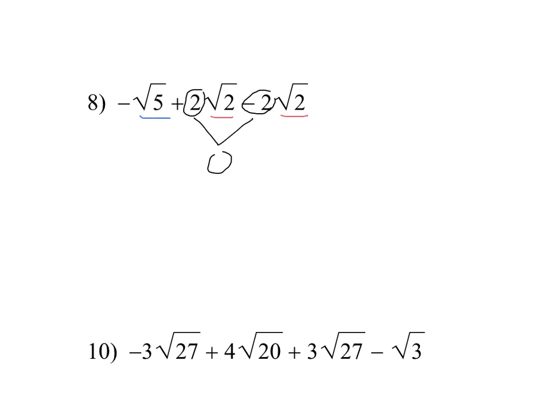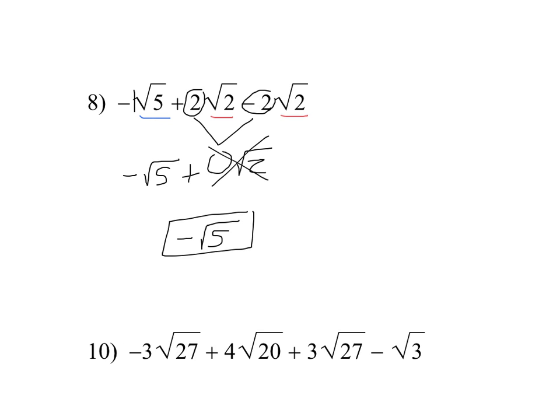In this case we get 0 root 2's. This is a negative 1 in front of root 5. There are no other root 5's, so it stays the same. And 0 root 2 is nothing. So root 5 is your simplified answer.